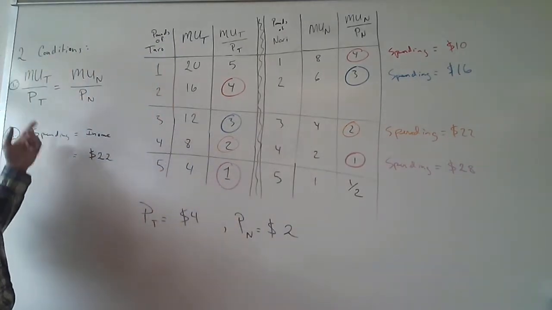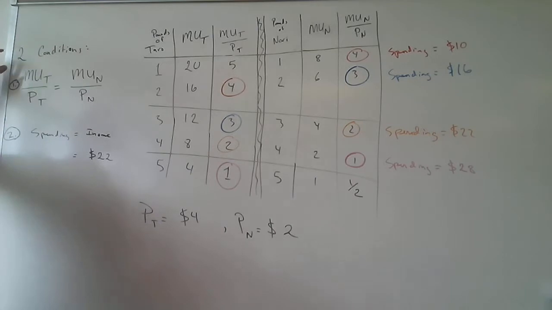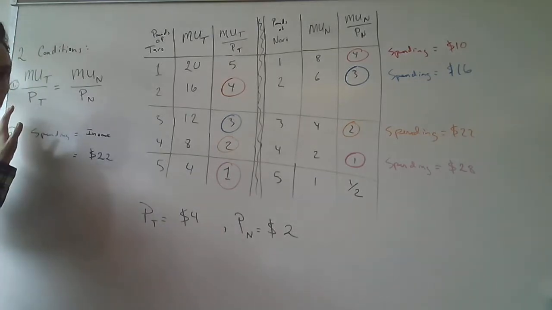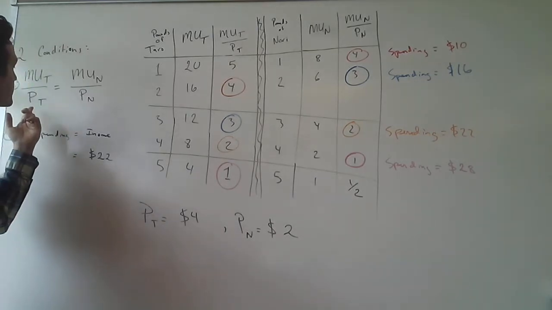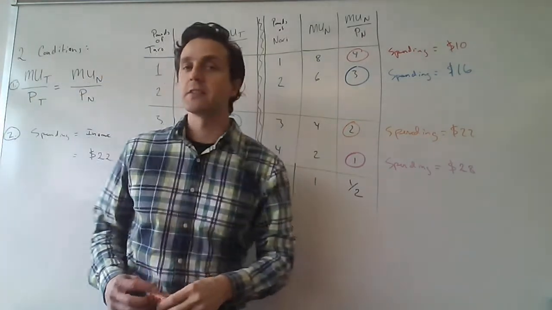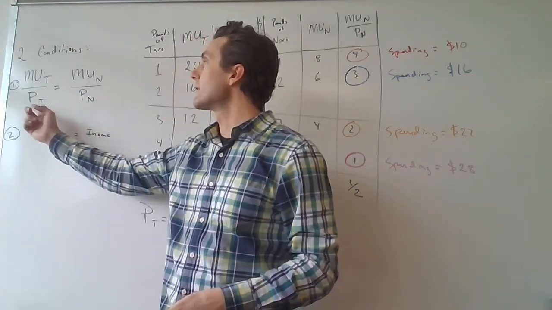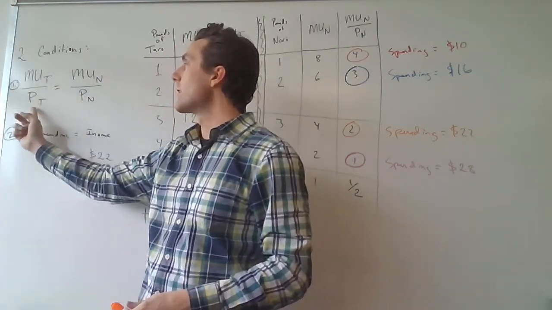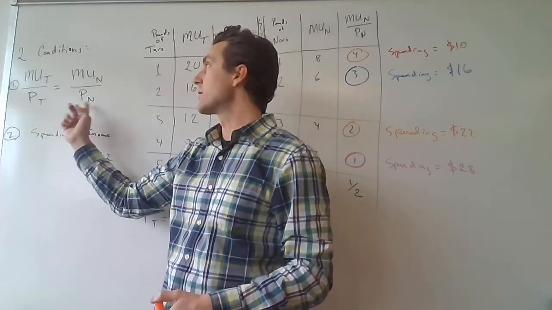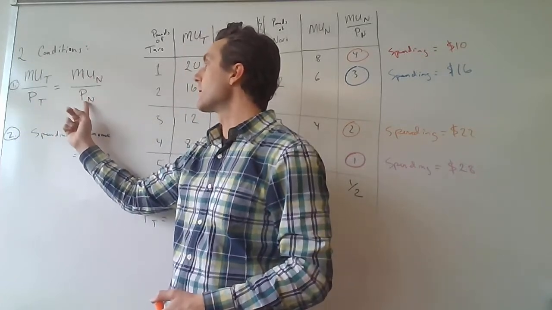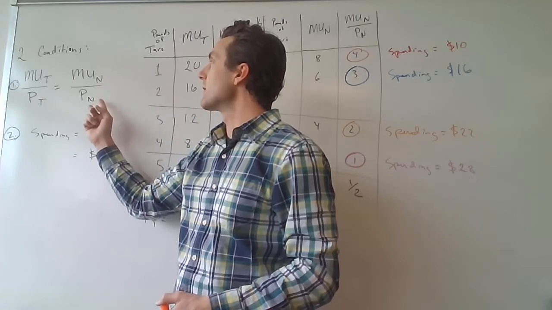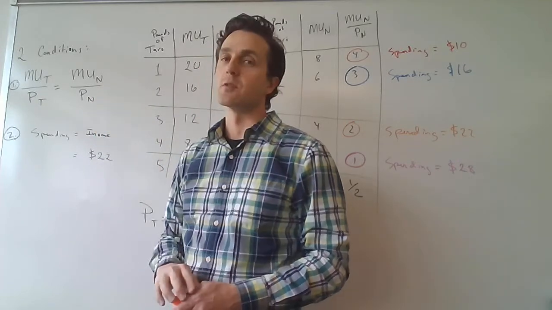The first is that the marginal utilities per dollar are equal to each other, right? So the marginal utility of taro divided by the price of taro is equal to the marginal utility per dollar for nori. So the marginal utility for nori divided by the price of nori.